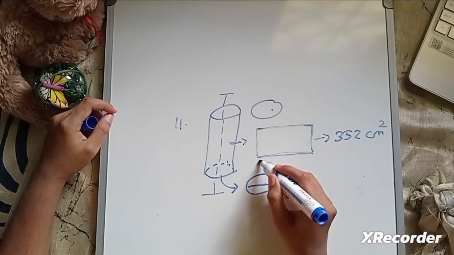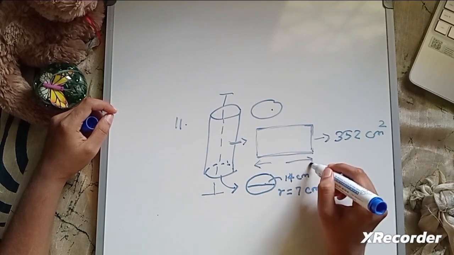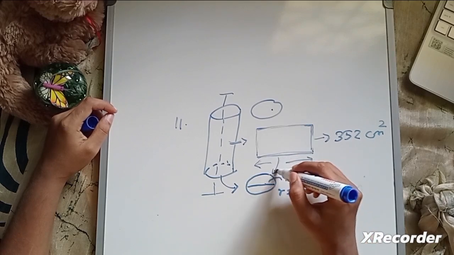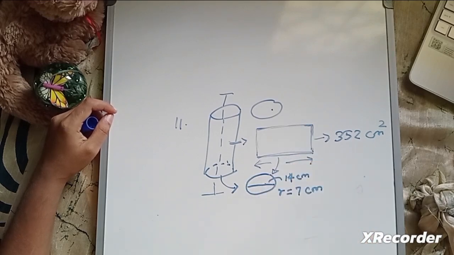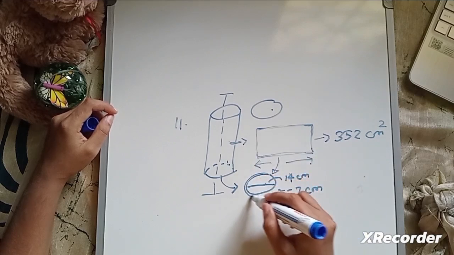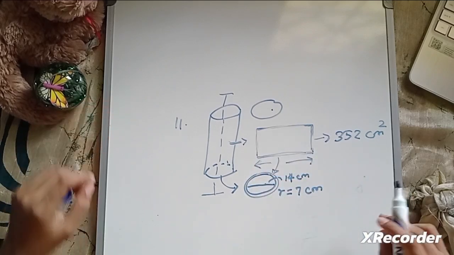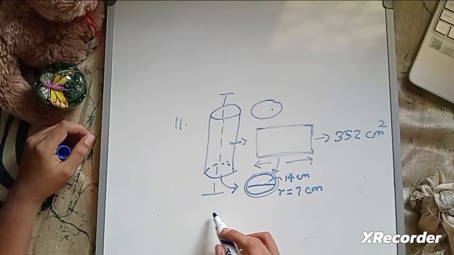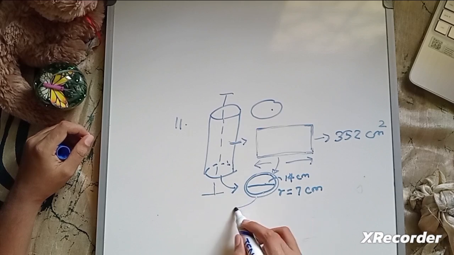So we can find the length of this side since it is attached to this circle. The length of this side equals this circumference. We can find this length of the circumference.